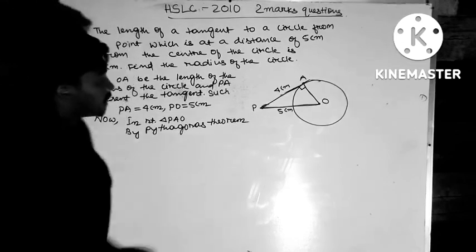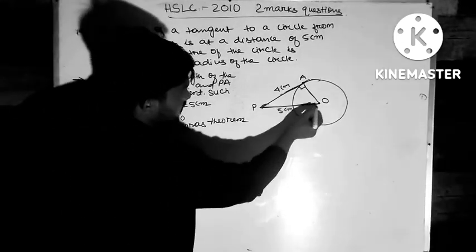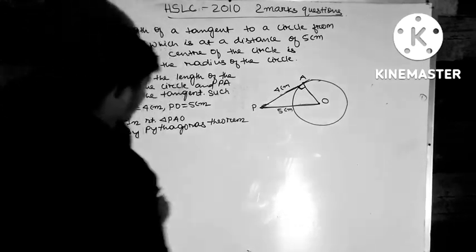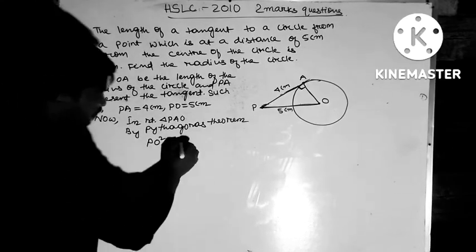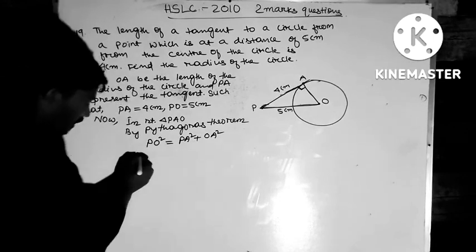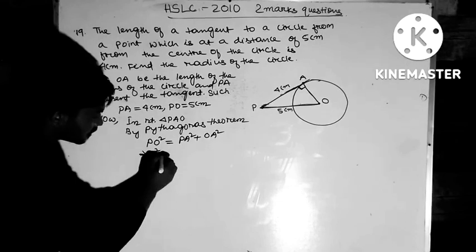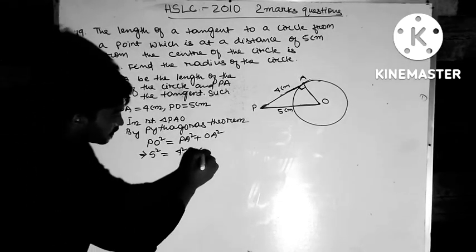the hypotenuse is the side which is opposite to the 90 degrees. So PO square is equal to PA square plus OA square. PO is given as 5 square, PA is 4 square, and OA we are finding.